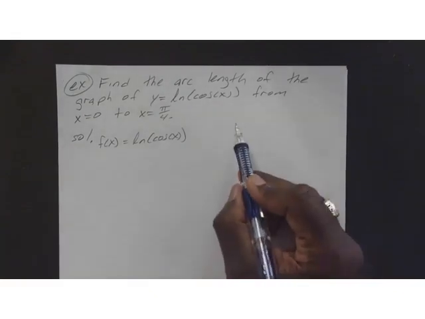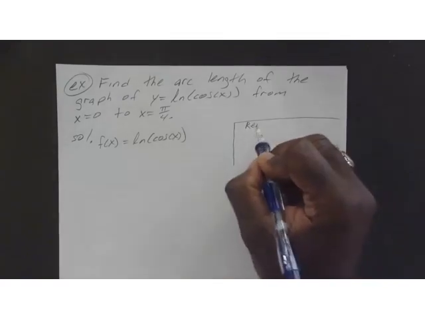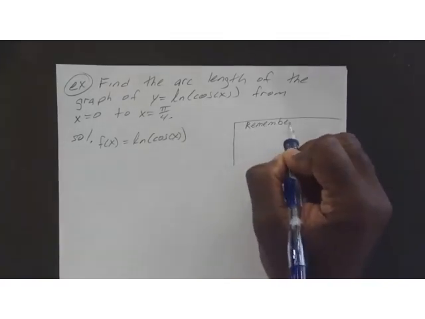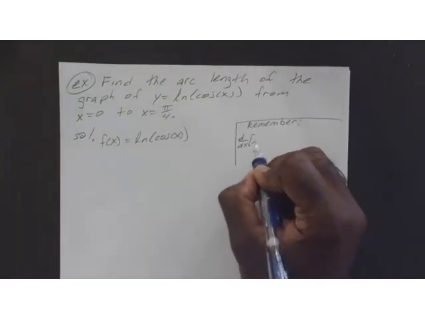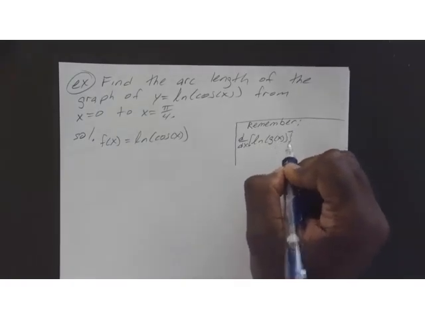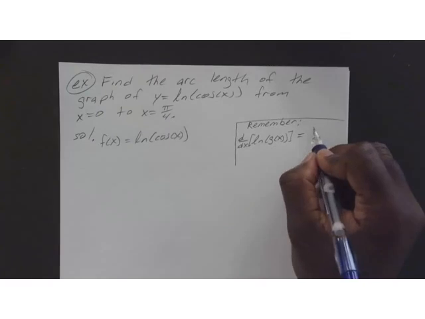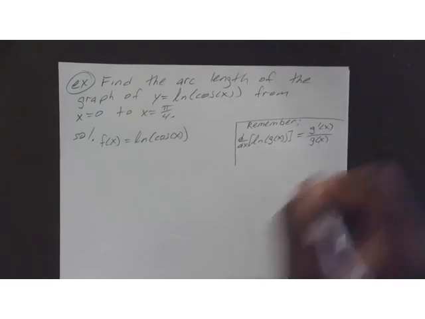Okay, so if you remember from Calc 1, the derivative of a natural log of some function of x is equal to the derivative of that function divided by that function.